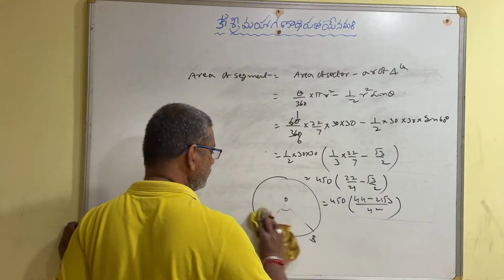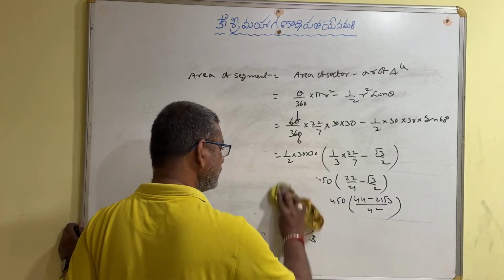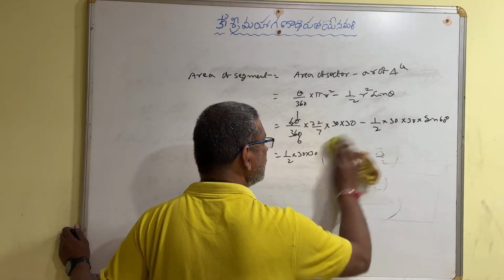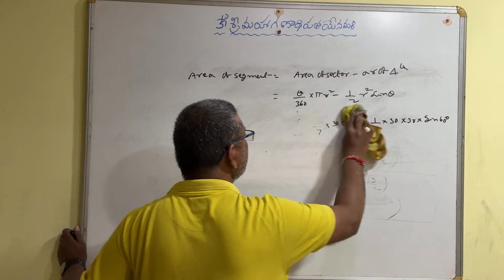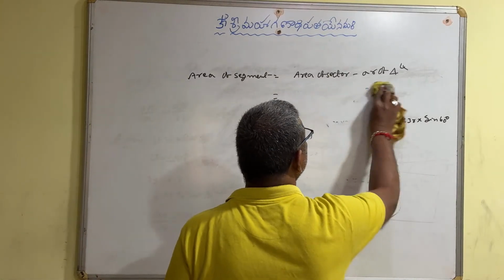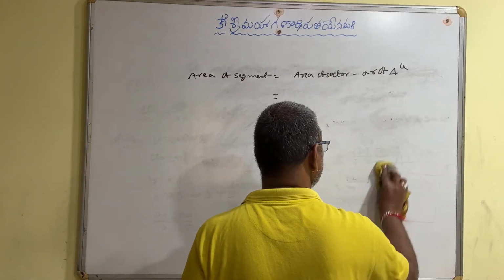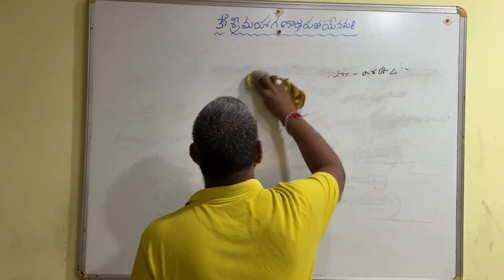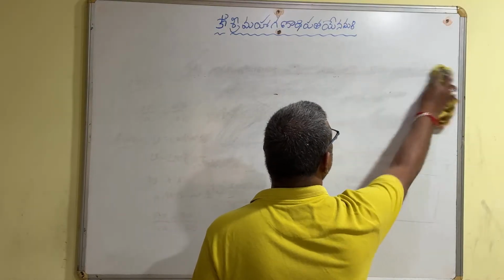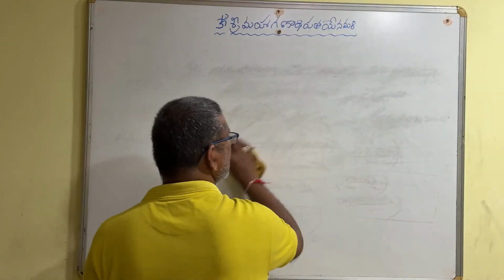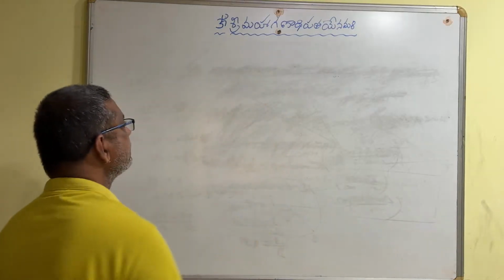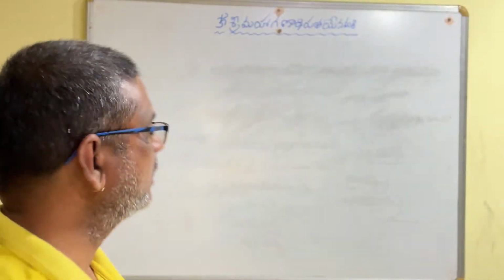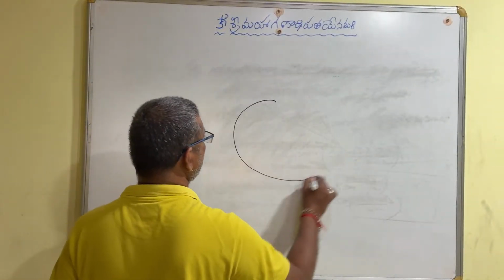Next question. 25th question. There is a circle.